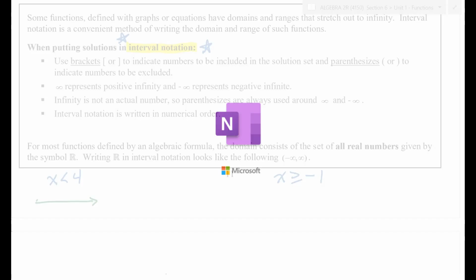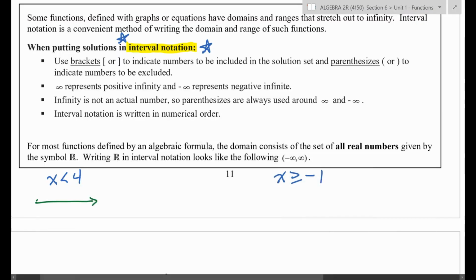If I asked you guys to put those on a number line, this one would look like what? You would have 4. We would have what kind of a circle on it? An open one. And what are values that are less than 4? To the left or to the right? To the left.